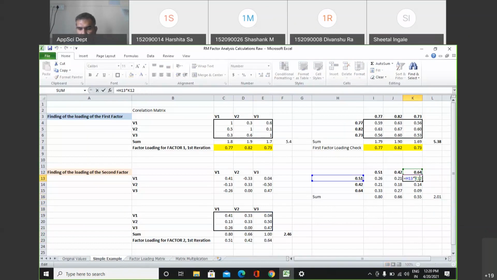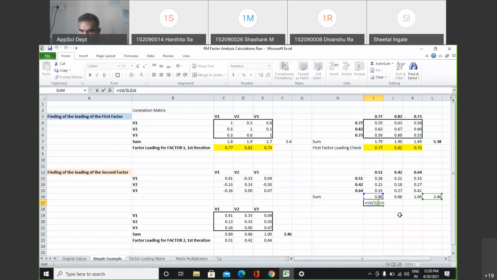Okay, so Excel is helpful, but it also accepts the values we give.